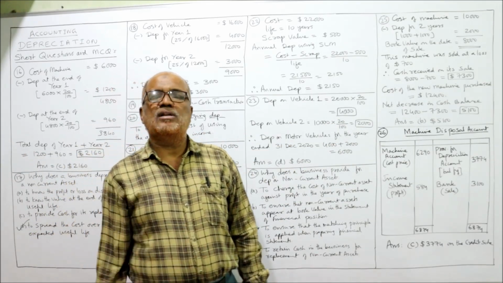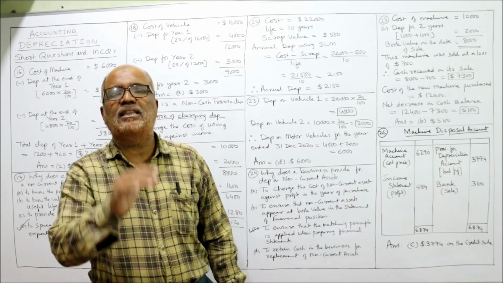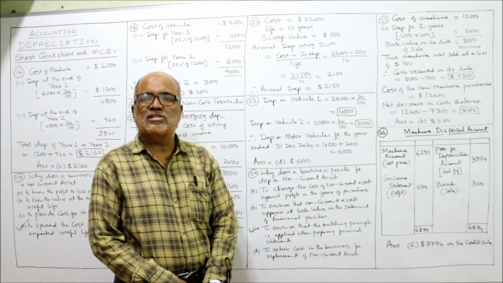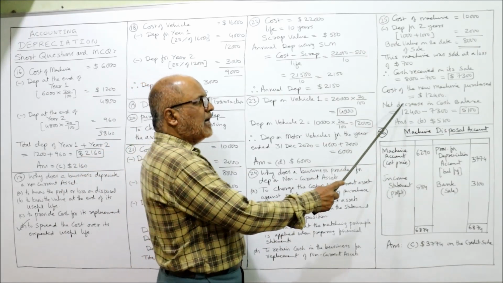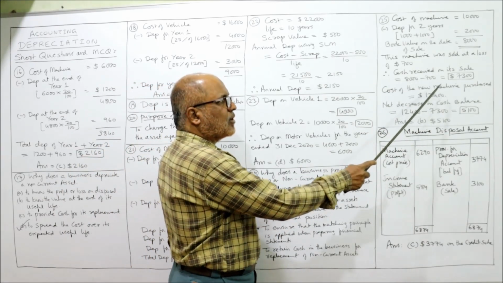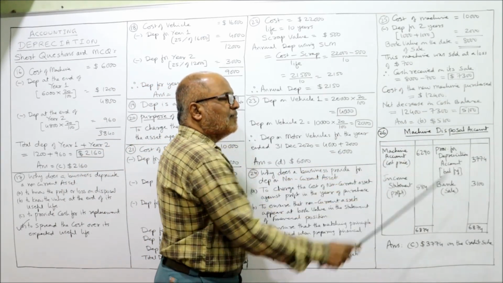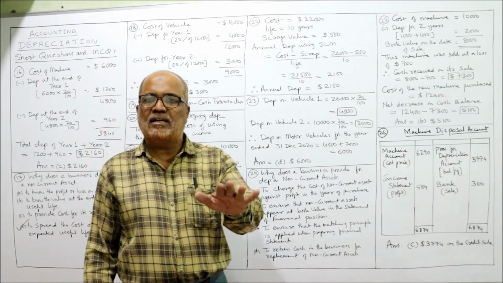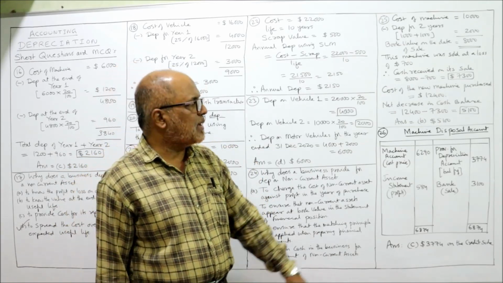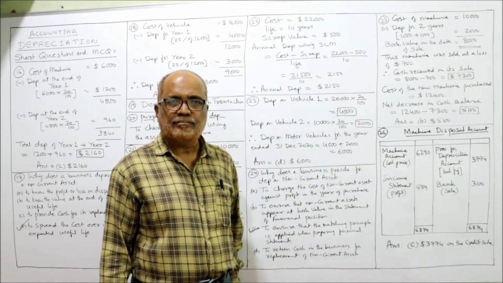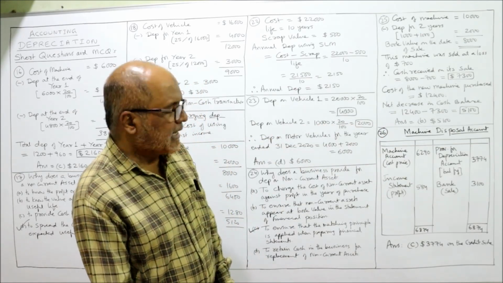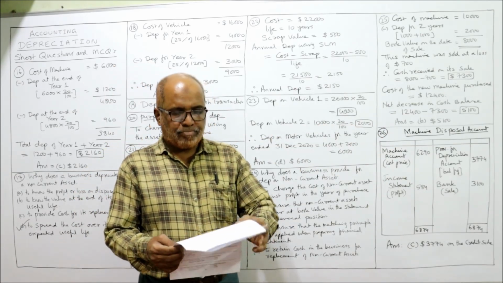So it is asking you what is the net decrease in the cash balance. So net decrease in cash balance is 12,400 minus 7,300. 5,100 is the net decrease in cash balance. B answer, 5,100. Next, 26th problem.